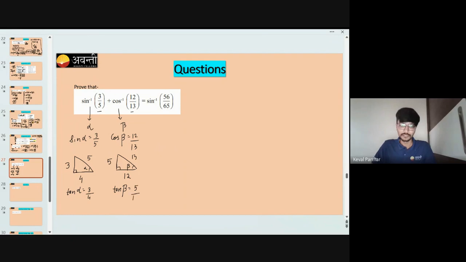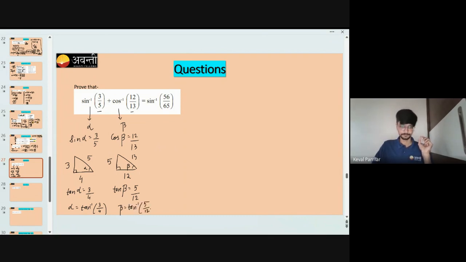So here I do not want tan alpha, I want tan inverse. So I can write alpha is equal to tan inverse of 3 upon 4. Similarly, I can write beta is equal to tan inverse of 5 by 12.